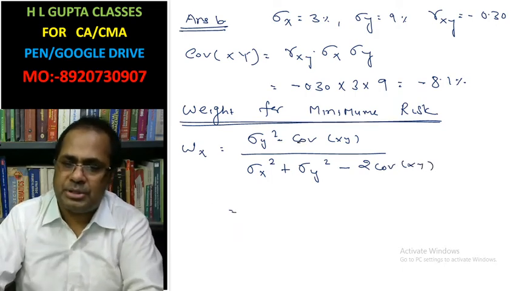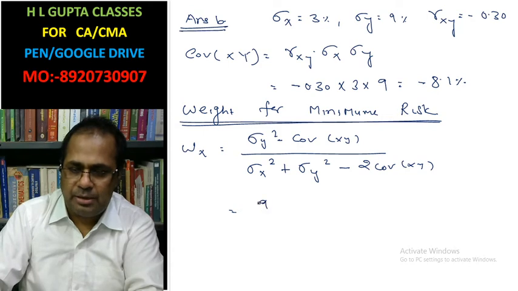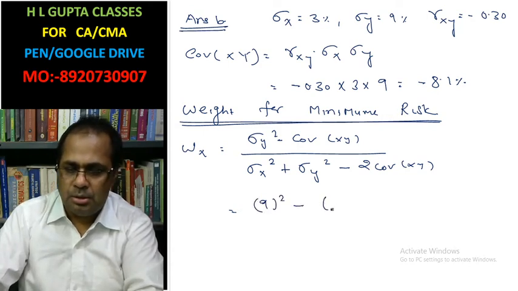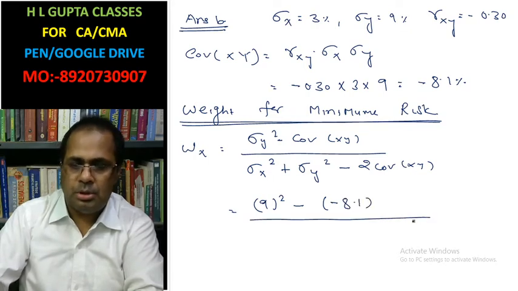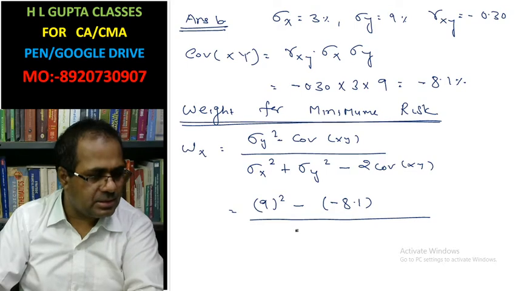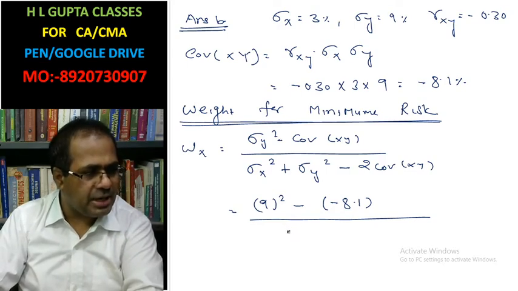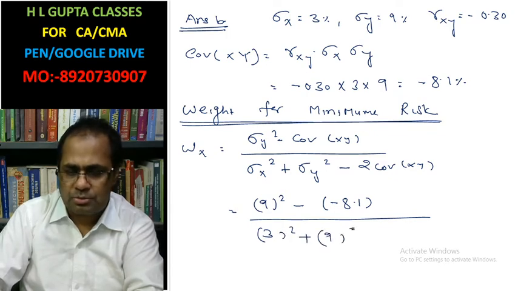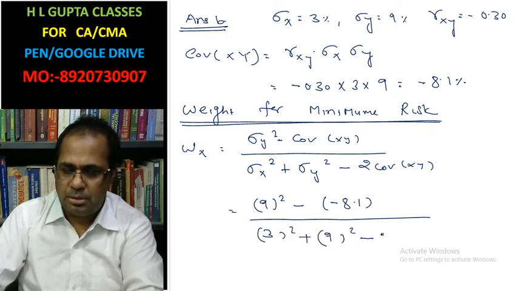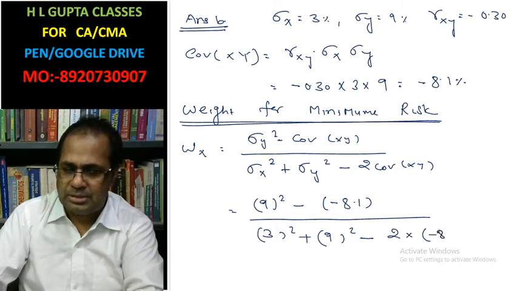Standard deviation of y is 9 whole squared minus 8.1. Standard deviation of x is 3 whole squared plus 9 whole squared minus 2 into minus 8.1.